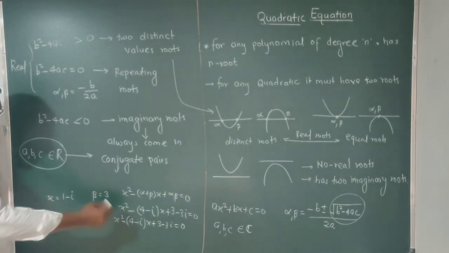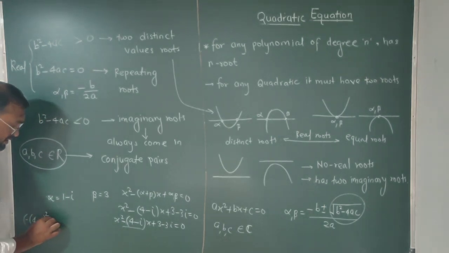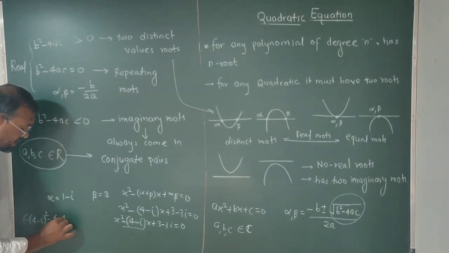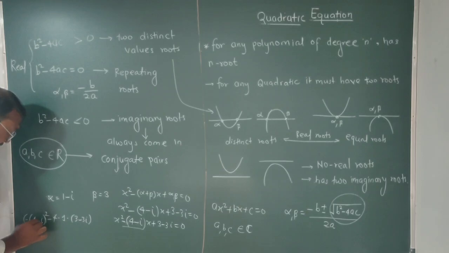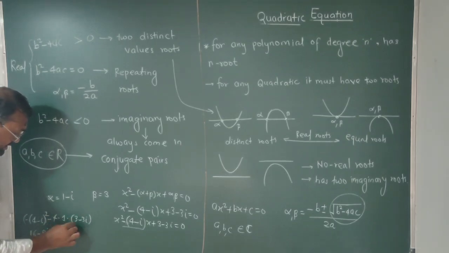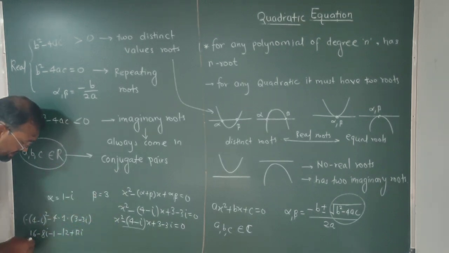Here b is −(4 − i), so b² is (4 − i)², minus 4 times a, which is 1, times c, which is 3 − 3i. Let's calculate: this is 16 − 8i − 1 − 12 + 12i. That is 16 − 12 − 1, which is 3, plus 4i.